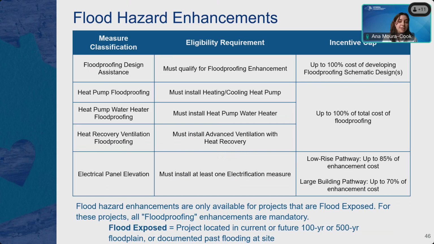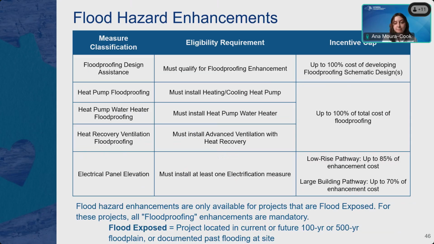And if your project is flood exposed and you're doing these measures, flood proofing is mandatory, but we will pay for it. If you'd like, you may also elevate your electrical panel above the flood elevation, and we'll pay for up to 85 or 70% of that work in accordance with the low-rise or large building pathways incentive caps.